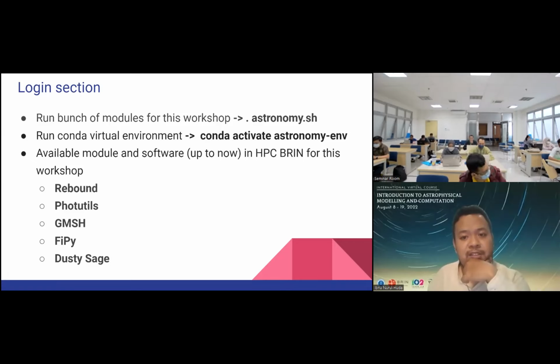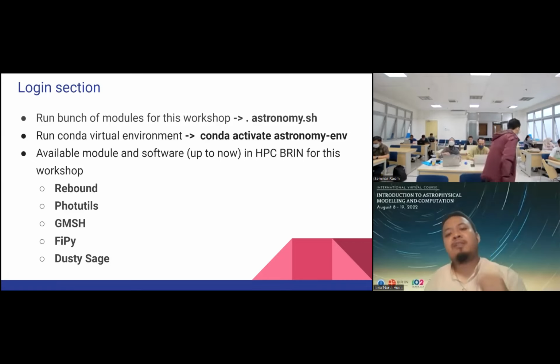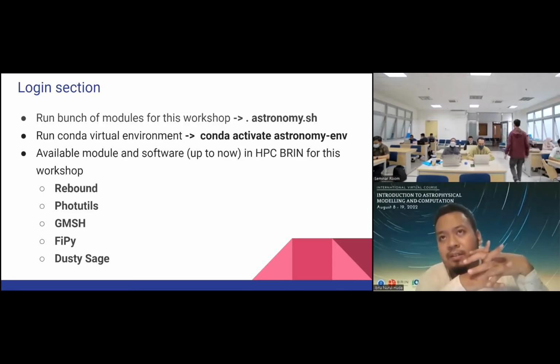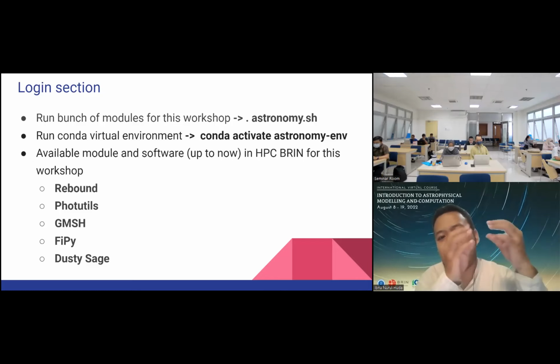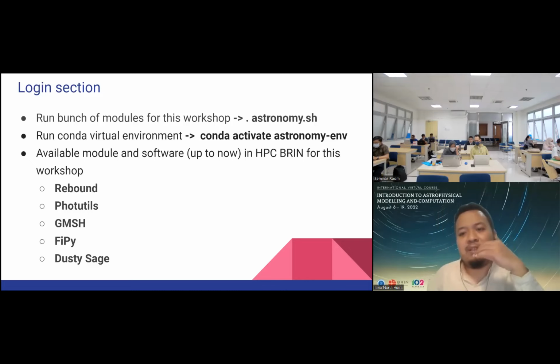If you use this one, conda activate astronomy NP, there is a bunch of modules or libraries already installed in the local directory in this environment. So if you want to use this environment, you can use this one, conda activate astronomy NP.